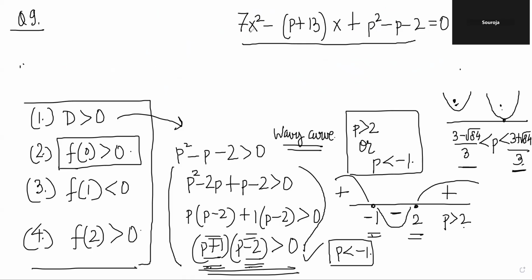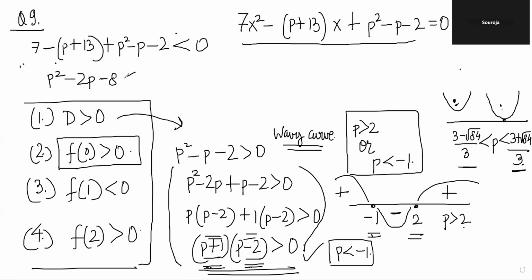If you do f of 1, you get 7 minus p plus 13 plus p square minus p minus 2 is less than 0. So you're getting p squared minus 2p minus 8 is less than 0. Minus 6 and minus 8 is less than 0. So (p minus 4) and (p plus 2) is less than 0.